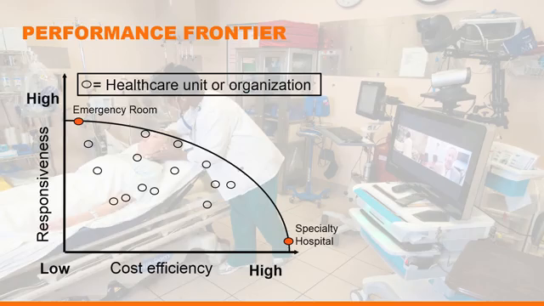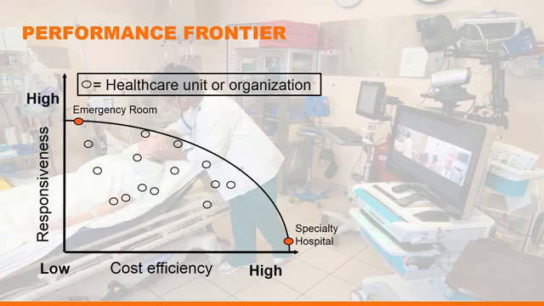On the other extreme, you have a specialty hospital, a hospital that deals with only a particular type of ailment, a particular type of healthcare issue, and a specialty hospital is going to be very good at cost efficiency. An example of such a hospital is Shouldice Hospital in Canada, that deals with specific types of hernia surgeries, and they deal with only those types of surgeries.